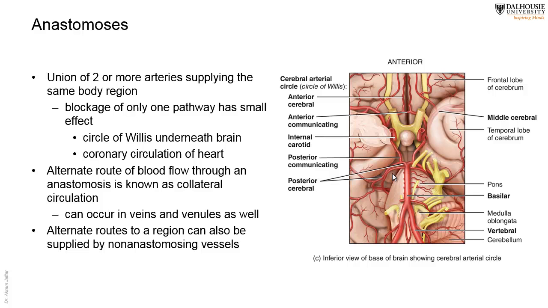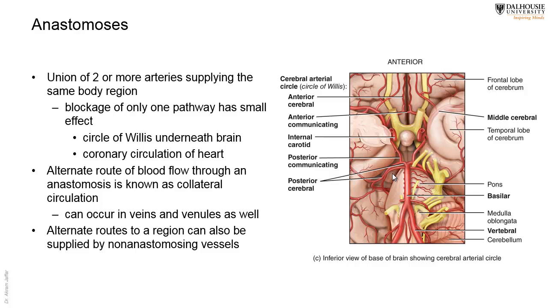Anastomosis, from stoma. We have seen an example in the heart, in the coronary circulation, right and left coronary arteries, there is anastomosis. The good thing about the anastomosis is that it provides an alternate route for the blood to reach the same organ when the other route is closed. And this is what we call a collateral circulation.